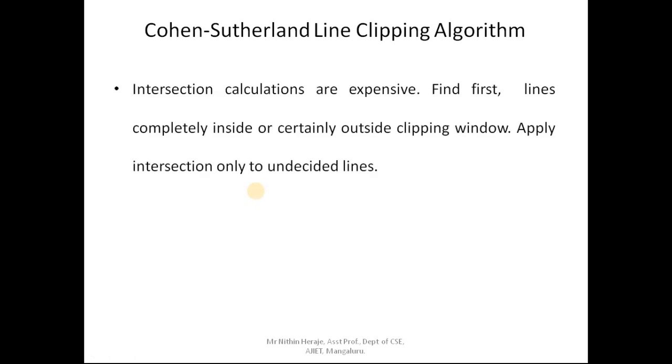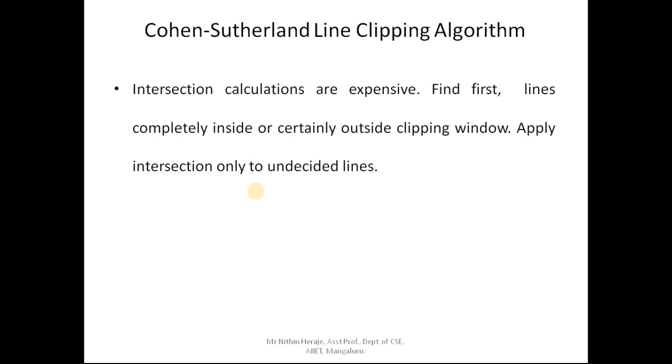Intersection calculations are expensive, so you need to first find the lines that are completely inside or certainly outside the clipping window. If it is completely inside, you can include the line. If it's completely outside, you can just discard the complete line, and then apply intersection only to undecided lines.